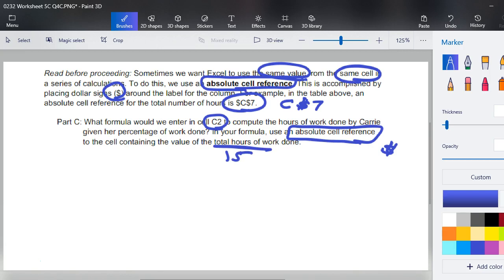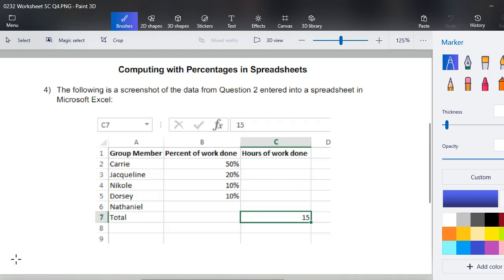So let's go back to the display. What they're asking us to do is to write the formula of what we would put in this cell, C2, by taking Carrie's percent of work that she's going to do and the total number of hours, and they would like for us to use an absolute cell reference.